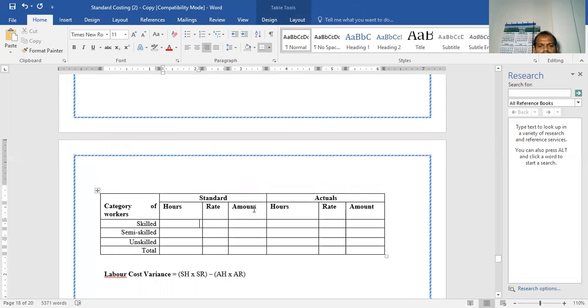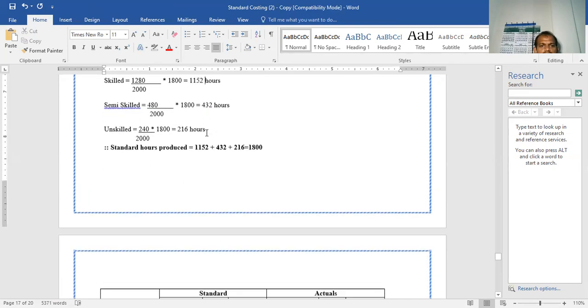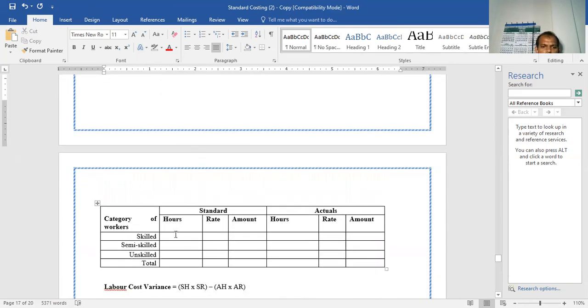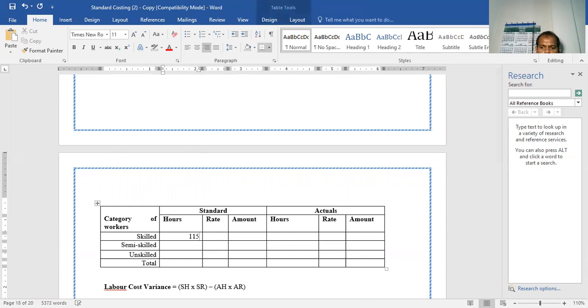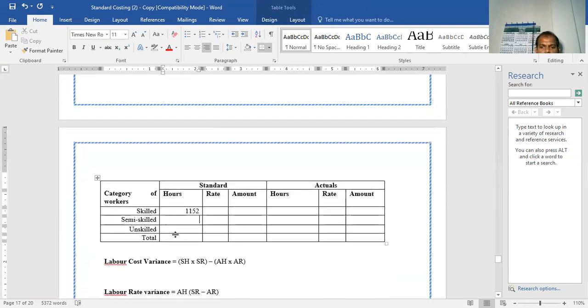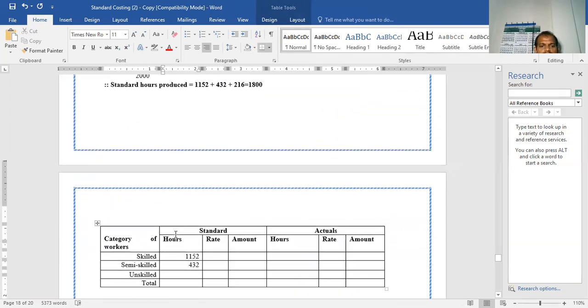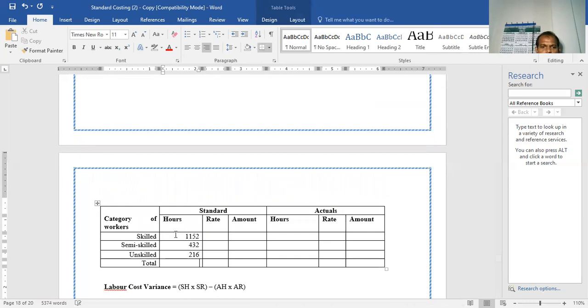Standard hours, standard rate, standard amount. Actual hours, actual rate, actual amount. Standard hours produced: 1152, 432, 216. Total standard hours, 1800.